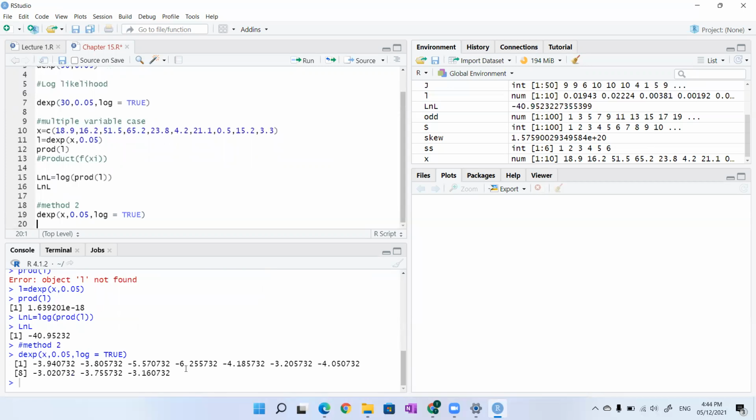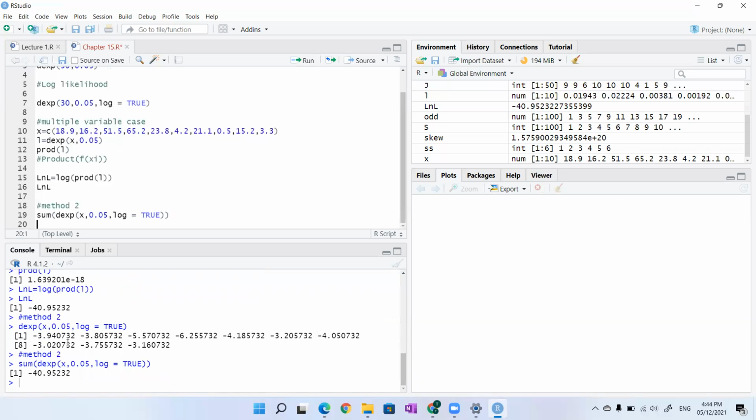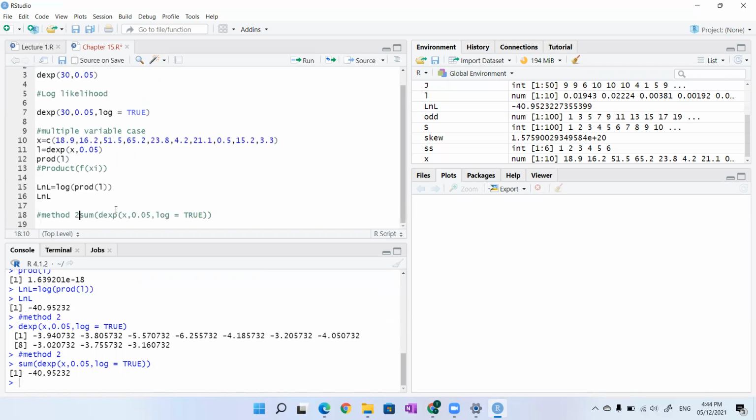But since I have several different values, I will just add those values. If you see, 40.9532, 40.9532. I just taught you two methods to calculate the log likelihood.